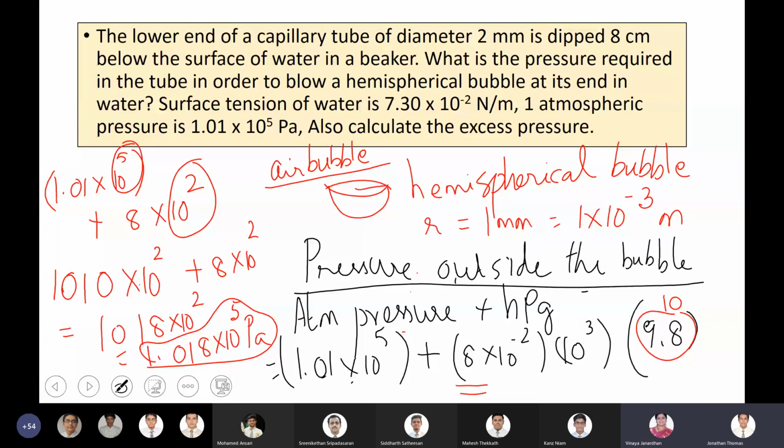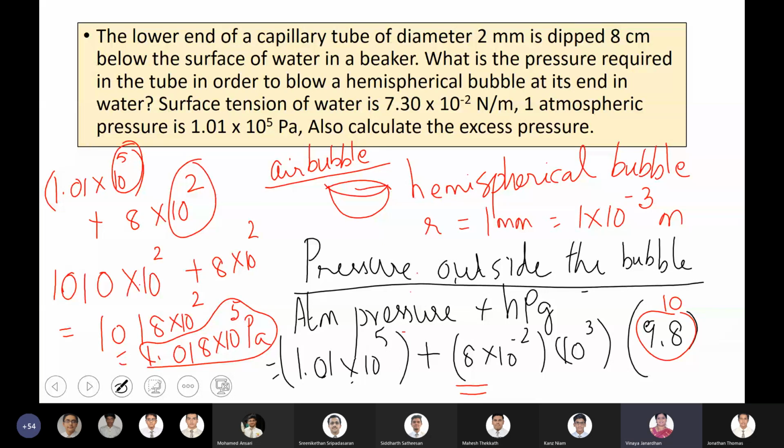No, they're asking you what should be the pressure required in the tube in order to blow the hemispherical bubble. So if you want to blow the hemispherical bubble, you have to find what is the pressure inside the bubble, right? So the minimum pressure that is required to blow the bubble will be the pressure acting inside the bubble.